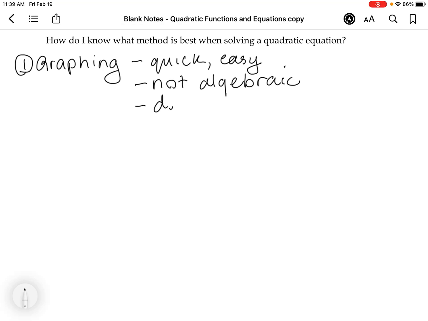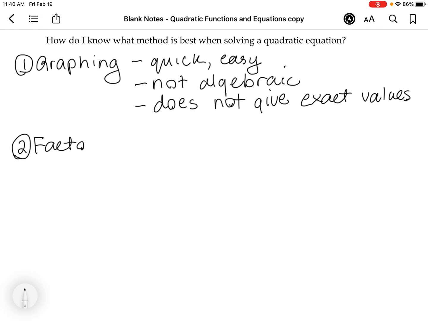And it does not give exact values. Okay, it only gives you approximate values. So if you have to give exact values where you don't want to round anything, then this is not going to work. Okay, so that's one method. The other 3 are all algebraic. So if you're asked to solve something algebraically, those are all fine.